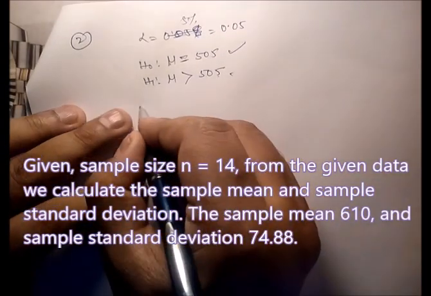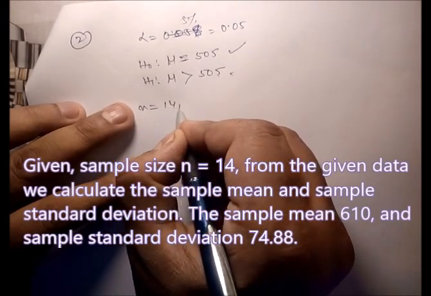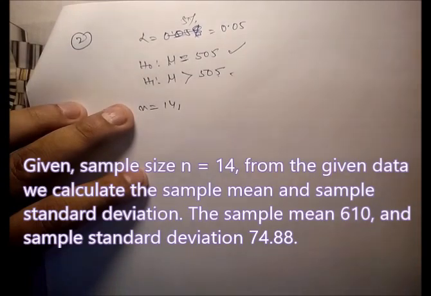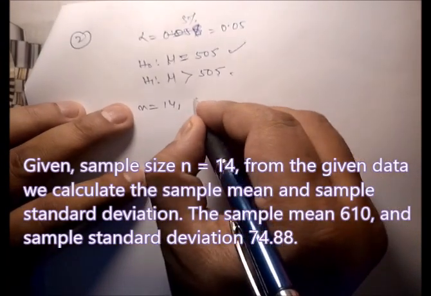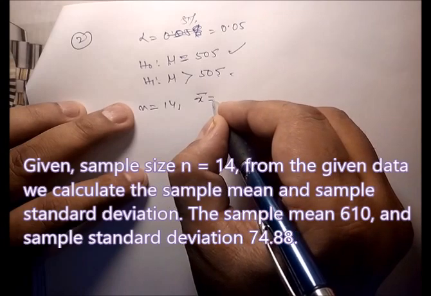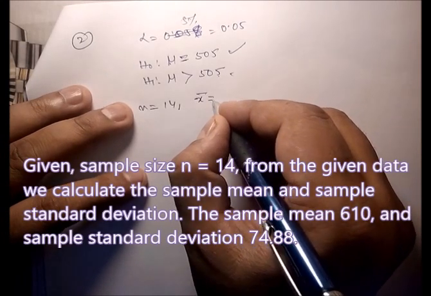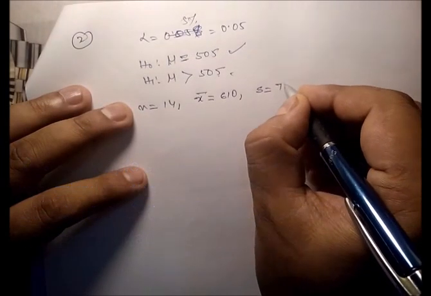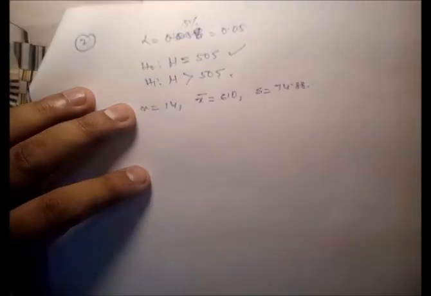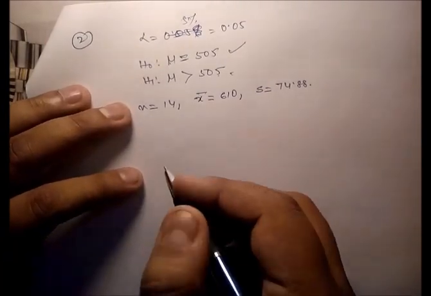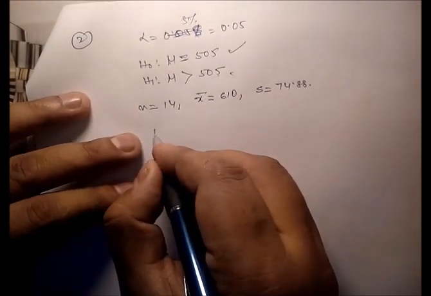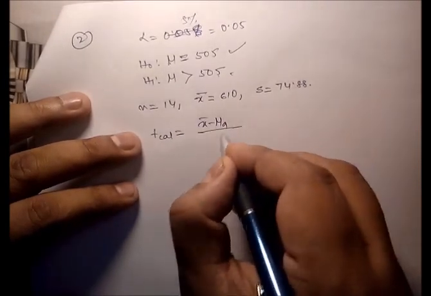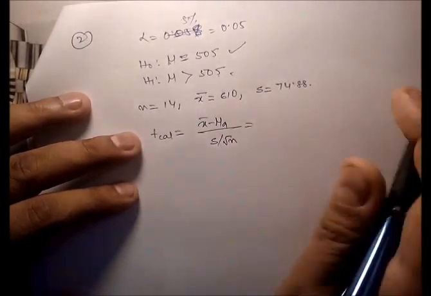Now sample size n is equal to 14, given. From the given data we calculate the sample mean and sample standard deviation. After calculating, the sample mean is 610 and the standard deviation is 74.88. Under the null hypothesis H0, the test statistic is x bar minus mu naught divided by s over square root of n.